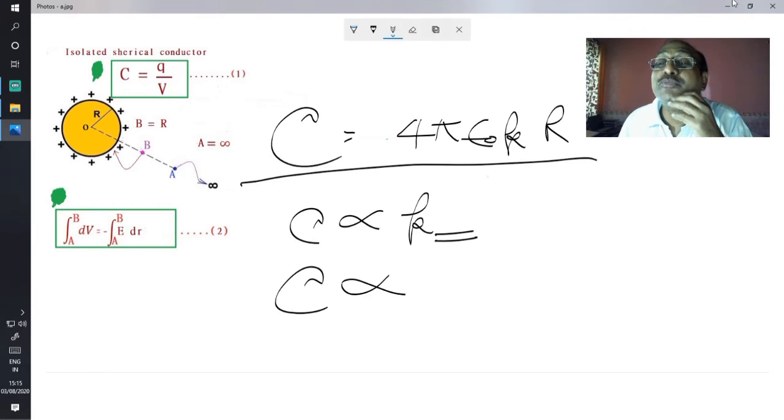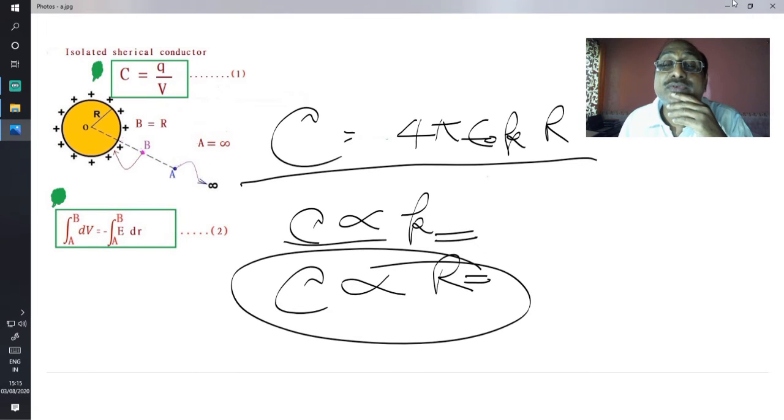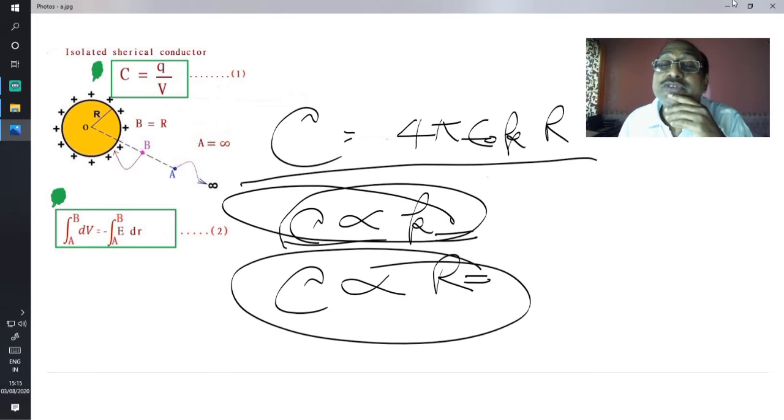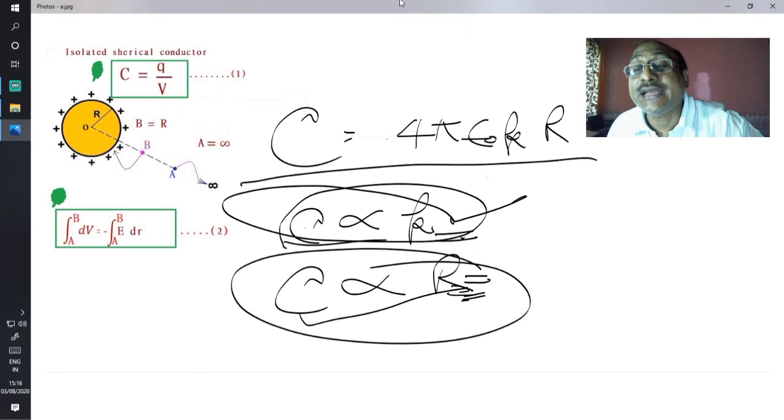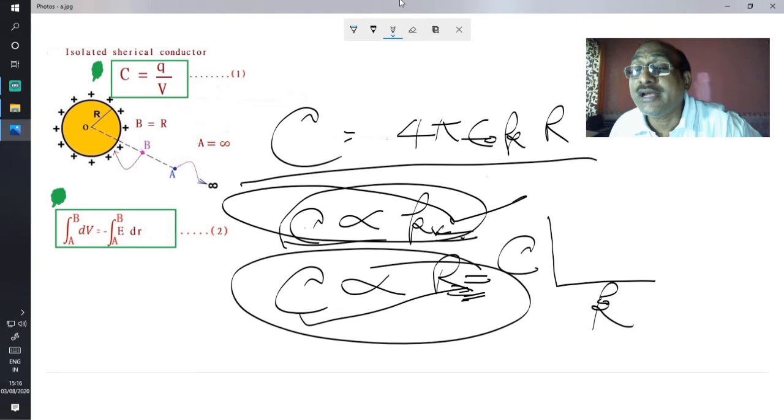C is directly proportional to the capital R of the conductor. Therefore C is directly proportional to K, the dielectric constant of the medium, and C is directly proportional to the radius of the spherical conductor, meaning C will increase on increasing the dielectric constant. If we draw a graph between dielectric constant K and C, we find a straight line.